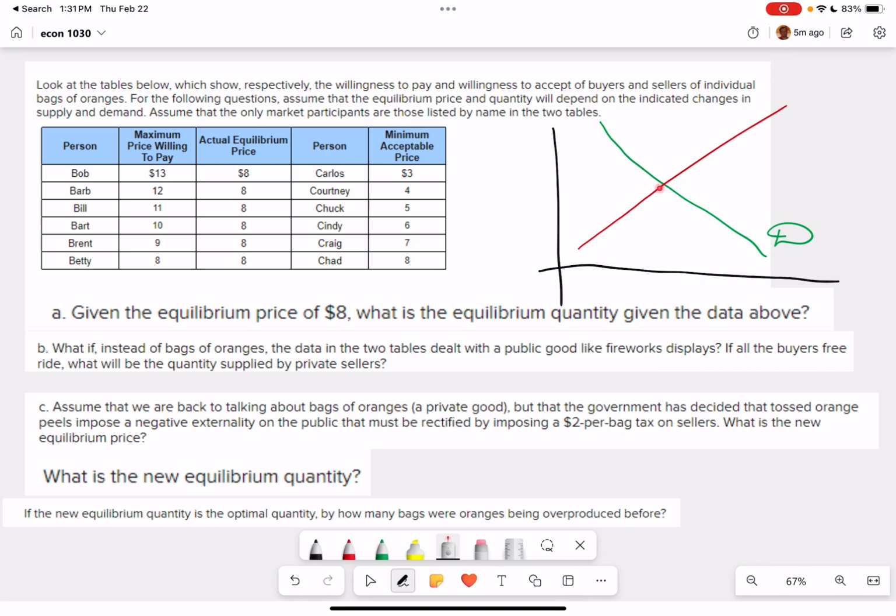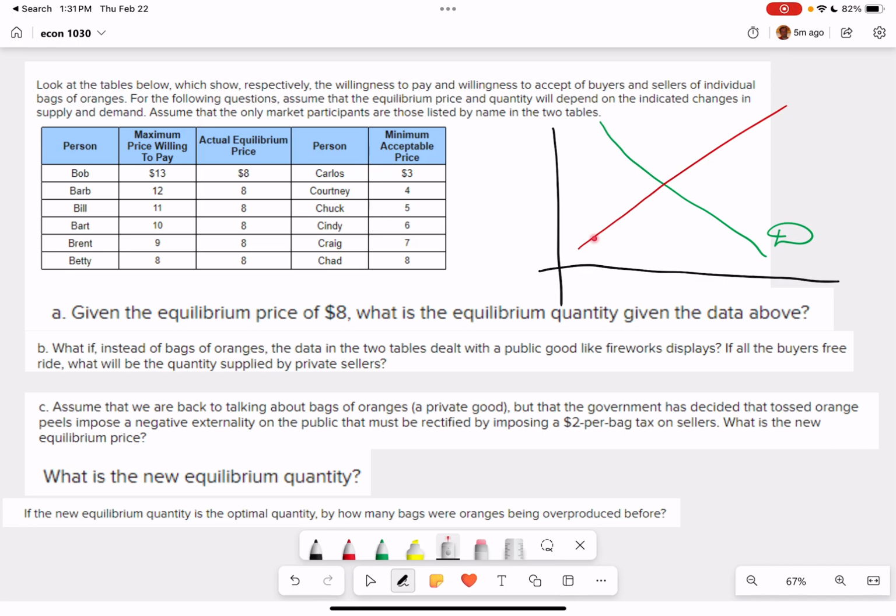equilibrium, and we can see that as the first unit, if we look at the first unit, the minimum acceptable price 3 is much lower than someone's willingness to pay 13. So this deal will go through because Bob is willing to pay 13 for a Carlos who is happy to get just 3. So the first quantity does have some surplus in it, and the transaction will happen.